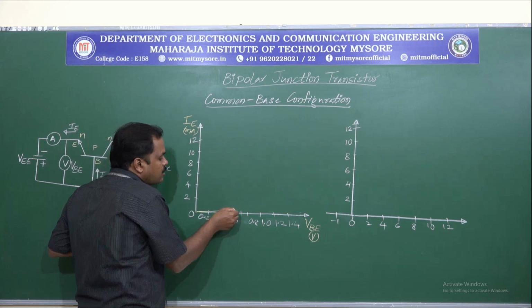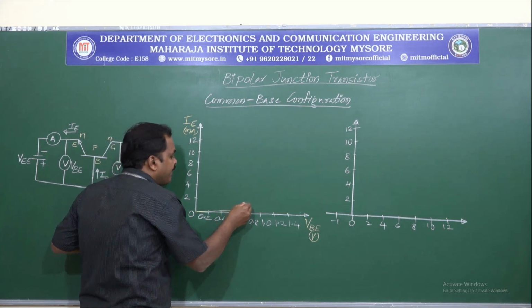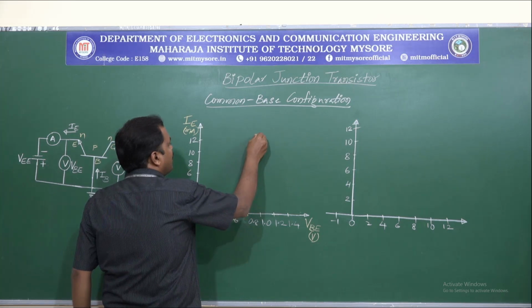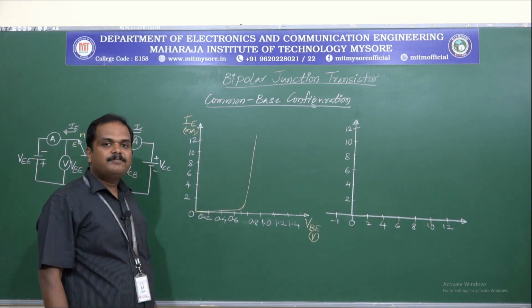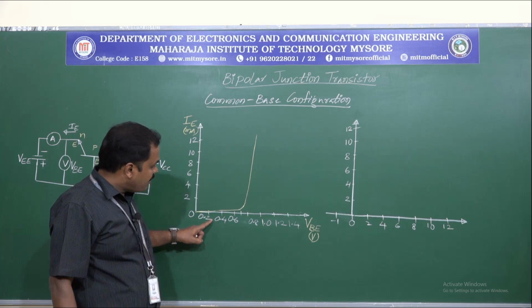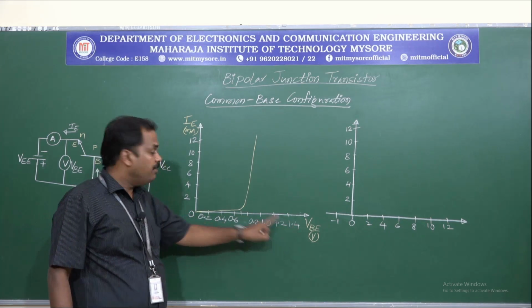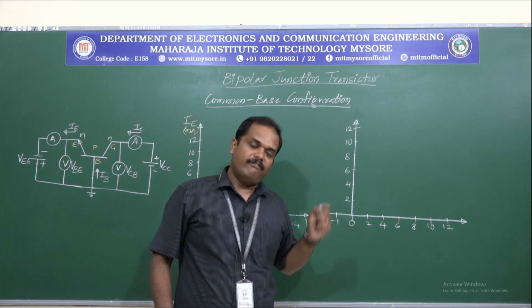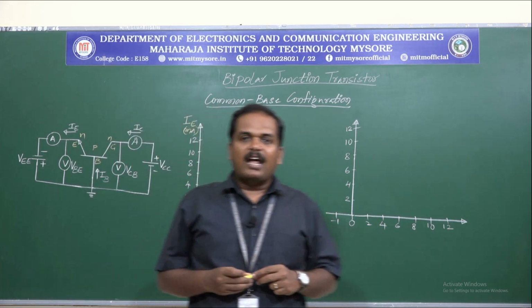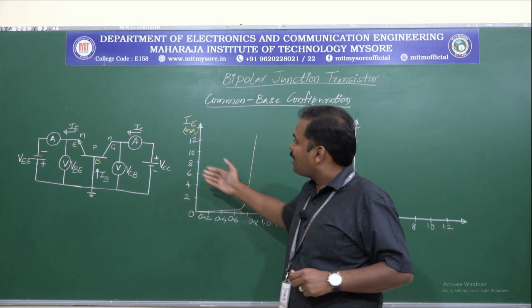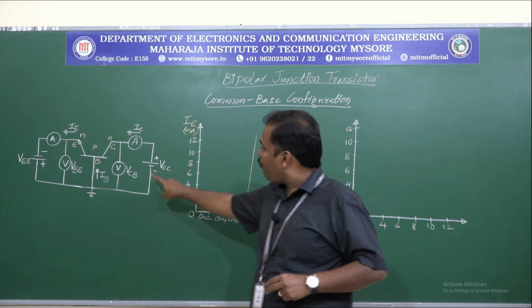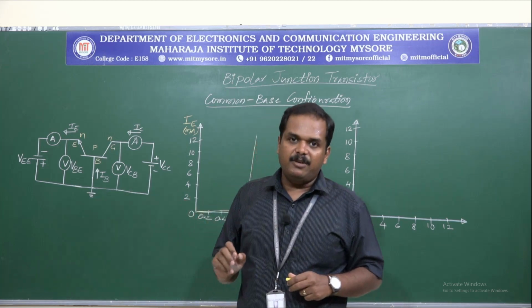And as we cross 0.7 volts, there will be a sudden shoot up in the input current, right? So as we vary the input voltage VBE, the input current IE will also be varied. Right? So this is the input characteristics of this circuit for the set value of VCB.